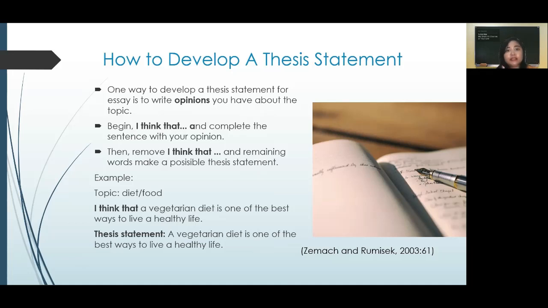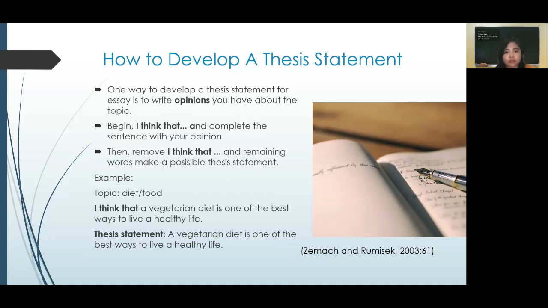First, begin with this phrase: I think that blah blah blah, and complete the sentence with your opinion. I think that I'm beautiful. Can be. And then remove I think that, and the remaining words make a possible thesis statement. The rest of your sentence will be your thesis statement.